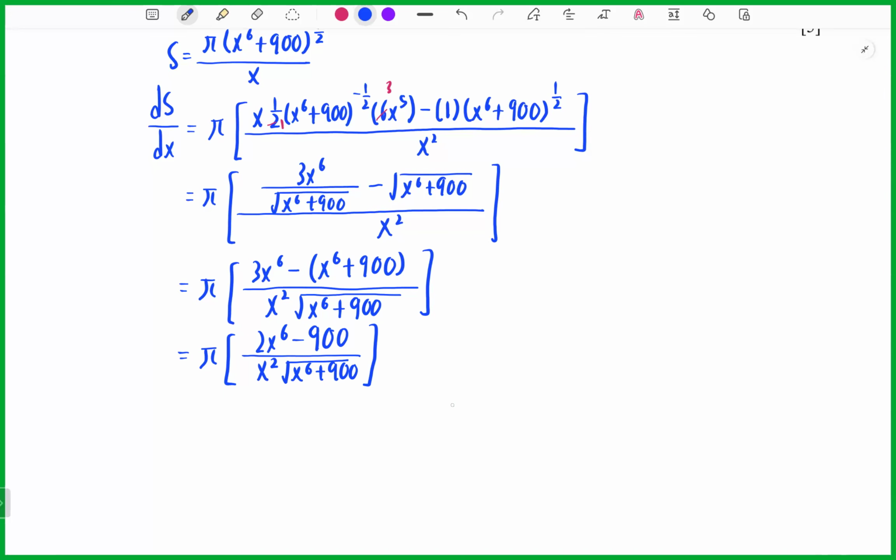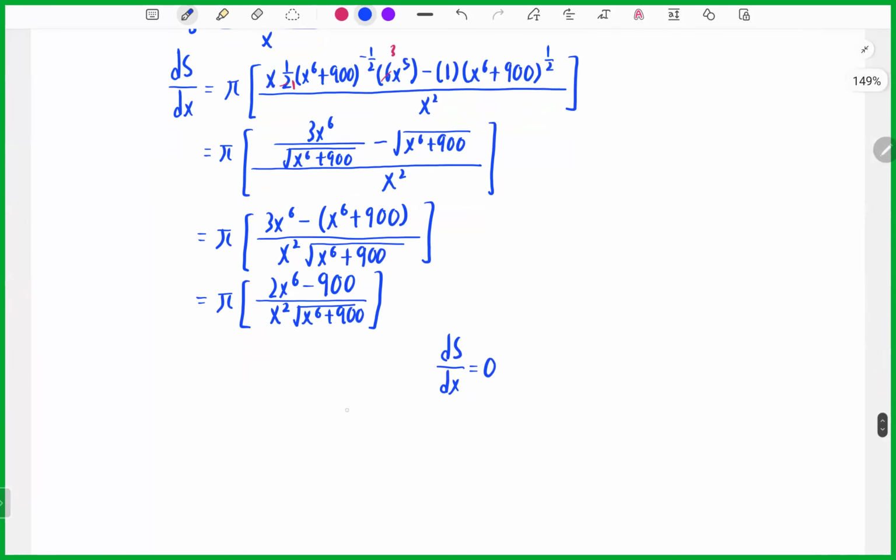So now we need to find the minimum, right? So we take dS over dx equals to 0. So you can fix here 2x power 6 minus 900 over x squared times the square root of x power 6 plus 900. So we just take for these numerators only.